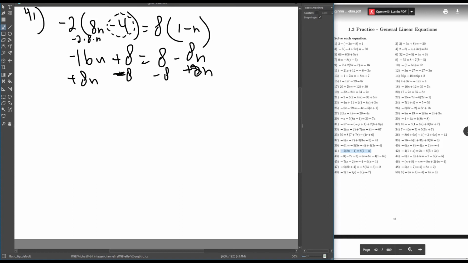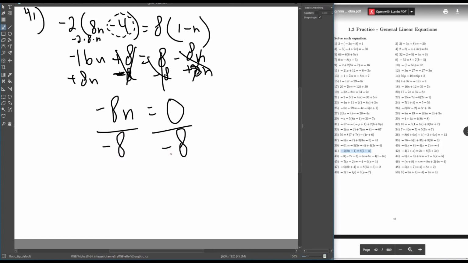We don't touch it. This equals 0. We don't touch it. And this equals 0 also. We're left with a 0. And if we divide both sides by minus 8, 0 divided by anything is 0. So n equals 0. Wow, is that the right answer? Yep, that's what it is.